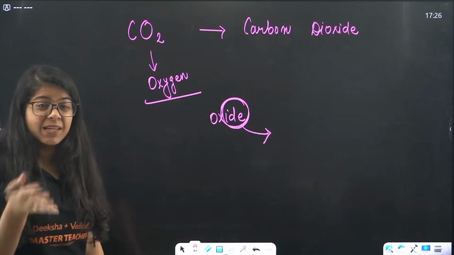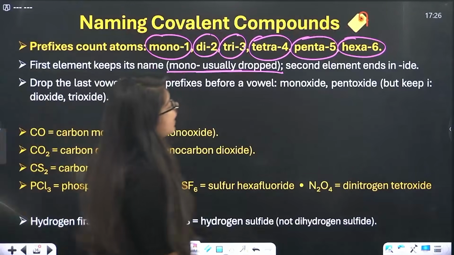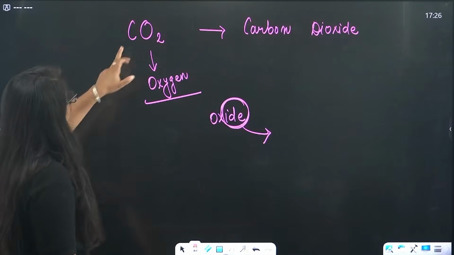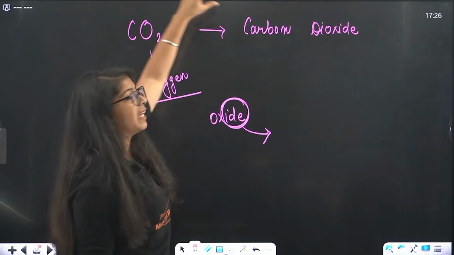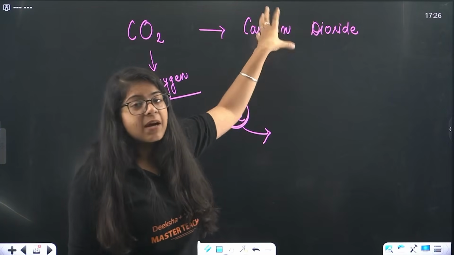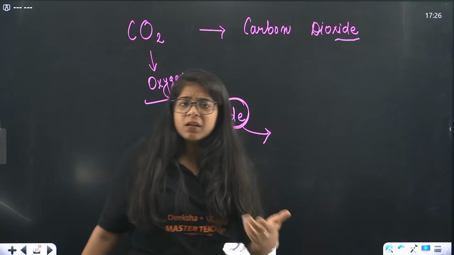Suffix is something that we write at the end. Understand? Carbon, we don't write mono with it even though it's a single element, but we simply start with the first name carbon, and the second name ends with ide, dioxide.